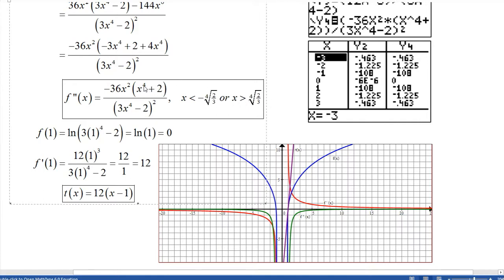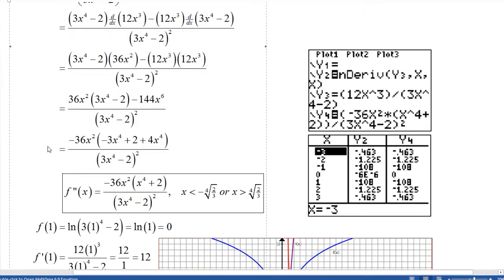And this term is always positive. x squared is always positive, 36 is positive, but we have this negative out here. So the whole thing is negative. So the second derivative is always negative, which means the first derivative is always decreasing where it's defined, which you can see here and here. And the original function is always concave down where it's defined. And so we get that to work out.